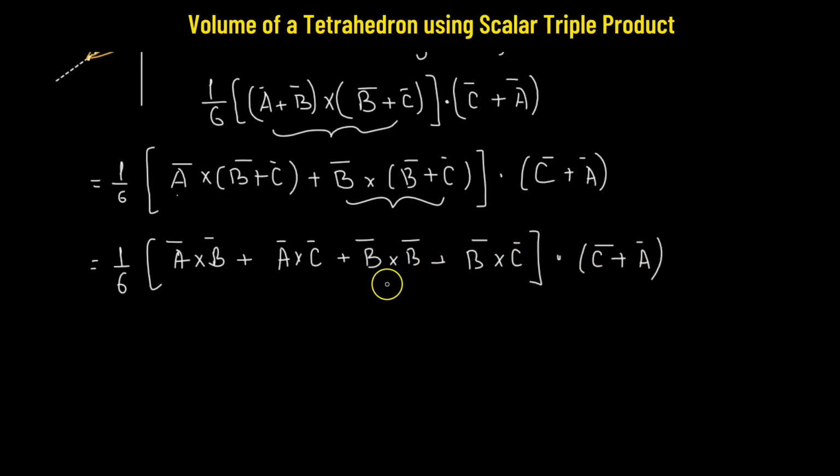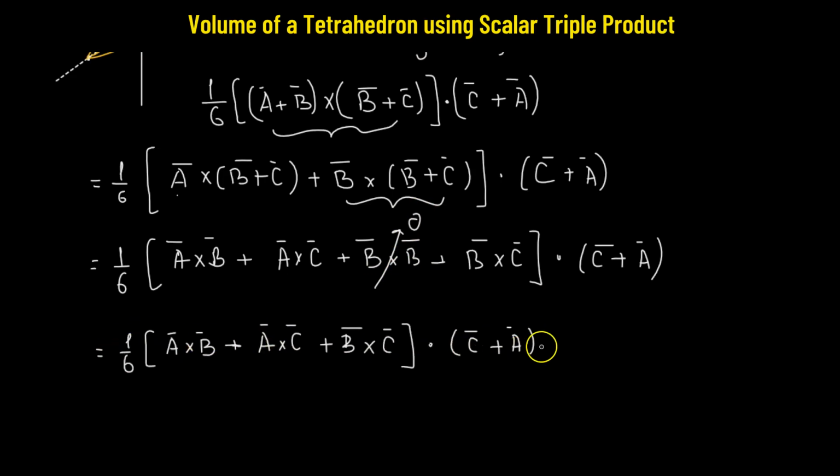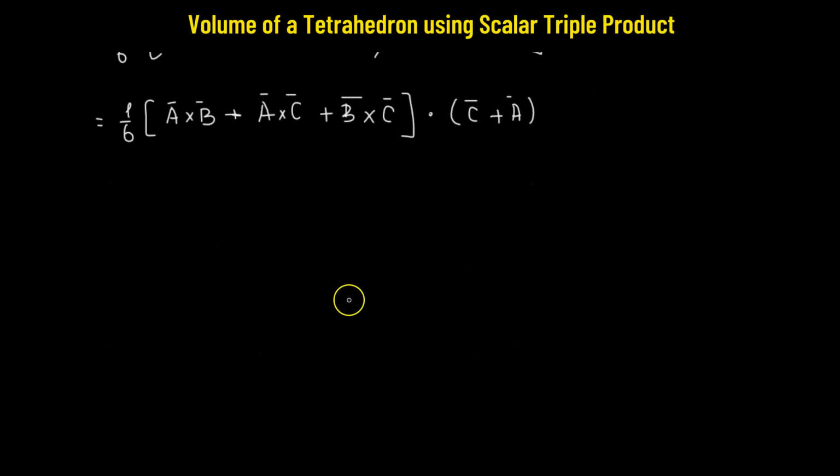Now by definition, b cross b will go to 0 because they are parallel to each other. Next we distribute c plus a with this expression by taking the dot product.